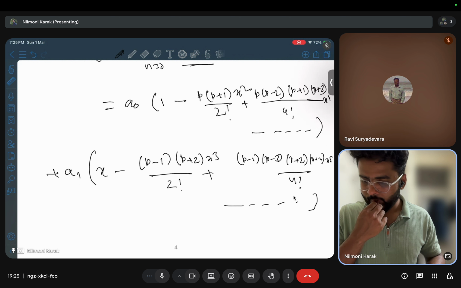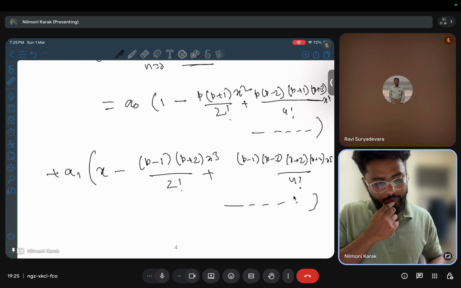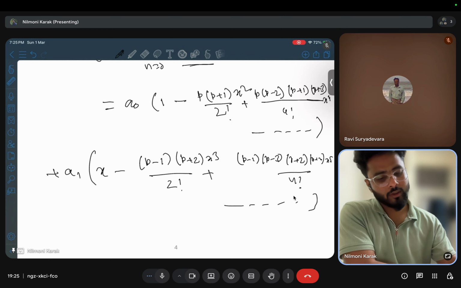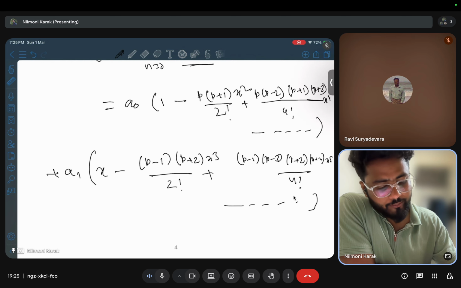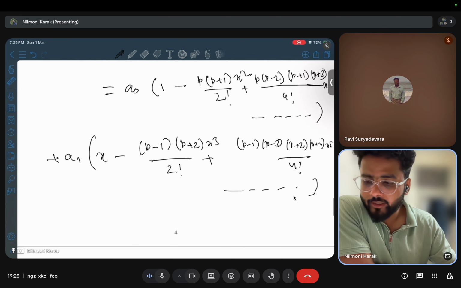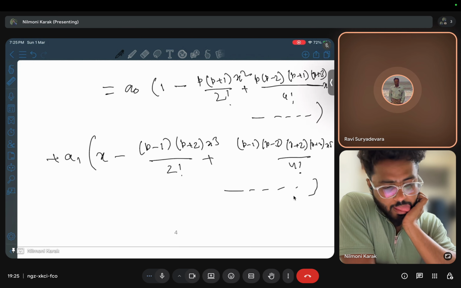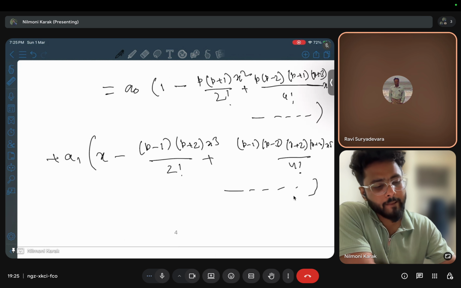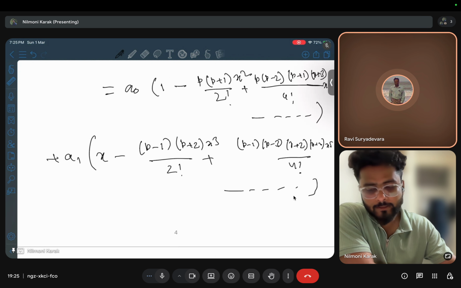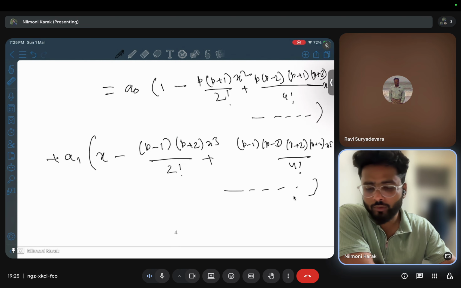If you write this in compact form, from this the Legendre polynomial is derived. You have to look at this.